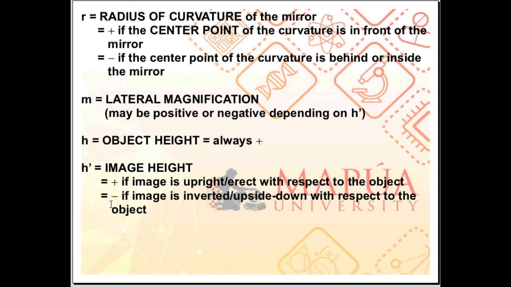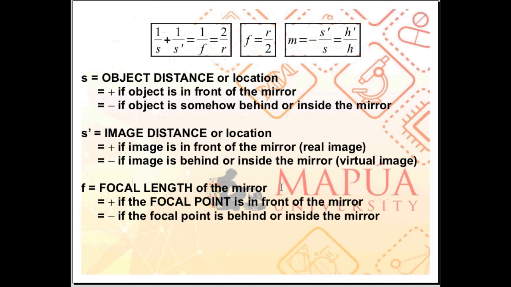On the other hand, H prime is negative if the image is inverted or upside down. So regardless of whether you have a flat mirror, concave mirror, or convex mirror, this equation will apply in terms of the image formation.